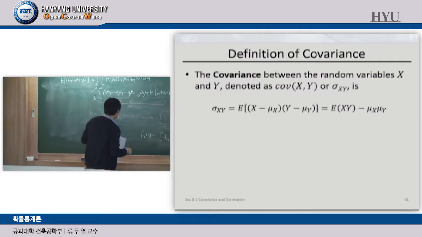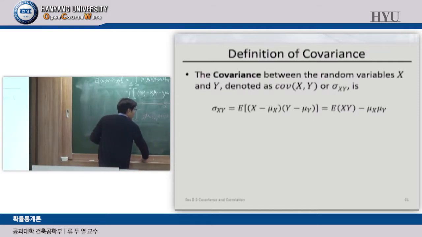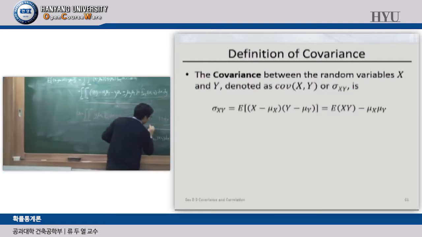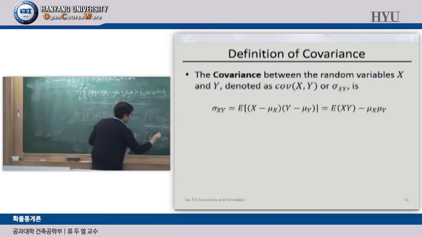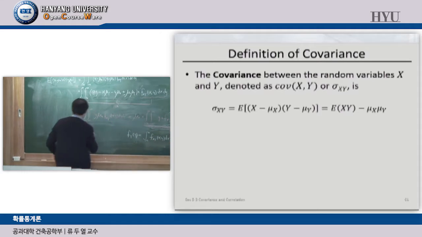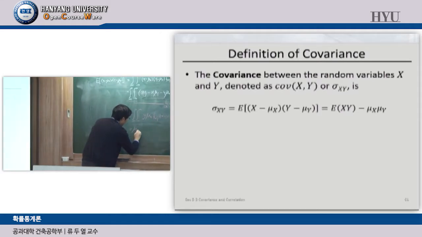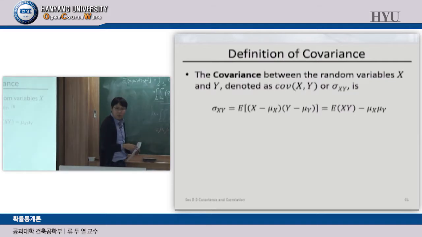Okay? So this is equal to mu y. Okay? So the A is equal to mu x times mu y. Okay?